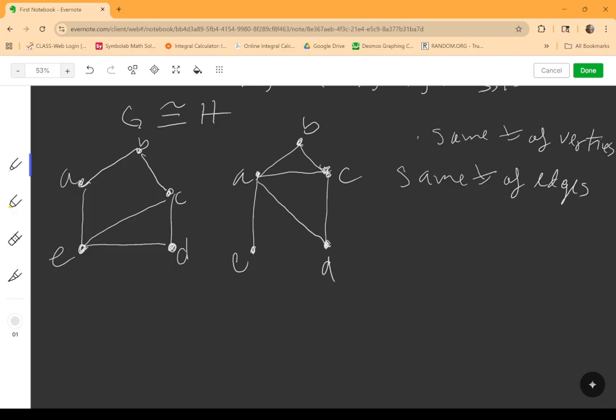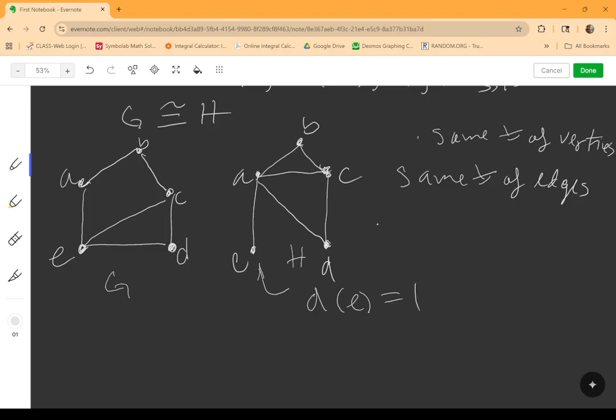The only thing here, when I look at this, is whether the degrees are preserved between the two graphs. And here's where we have an issue, where I don't need to actually go any further to prove that it is not a bijection. Let me label this graph G and graph H. In graph H, the degree of E is 1.